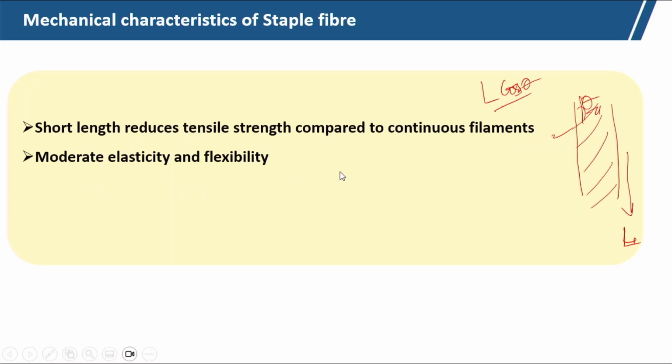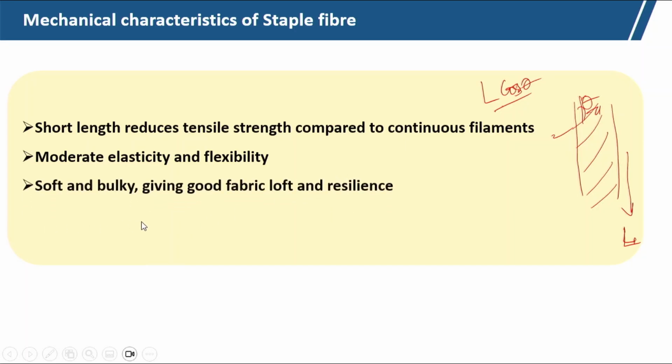Moderate elasticity, and it is flexible, soft, bulky, giving good fabric loft and resilience. So, if we need a fabric like protective clothing with a soft feeling, there we must use the staple fiber.